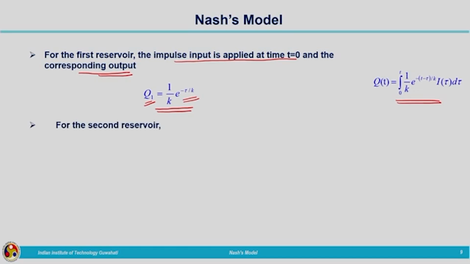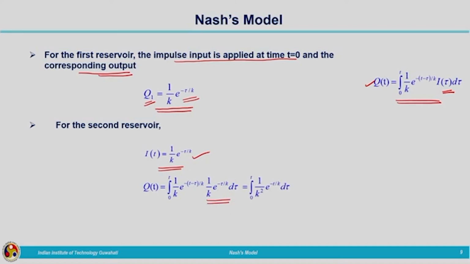This is our input to the second reservoir, that is I(tau) for the second reservoir is 1 by k e raised to minus tau by k. Now we will substitute for I(tau) in the case of the second reservoir. So Q(t) is equal to the integral from 0 to t of 1 by k e raised to minus (t minus tau) by k, times 1 by k e raised to minus tau by k, d tau.